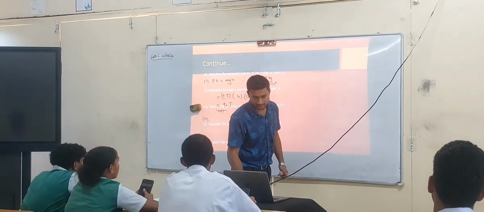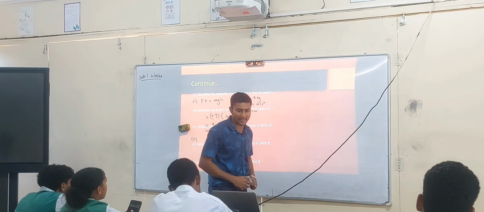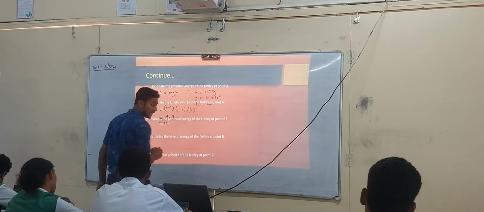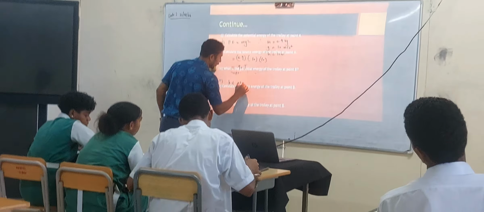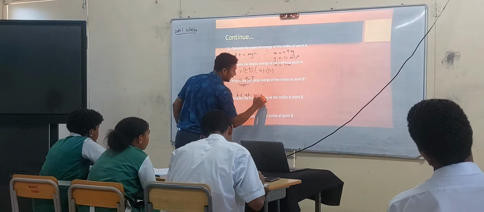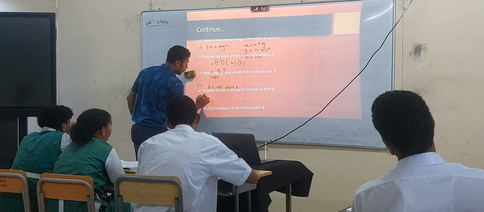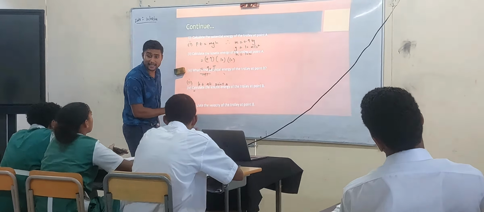At point A, part 2 says calculate the kinetic energy of the trolley at point A. So what is the formula to find kinetic energy?